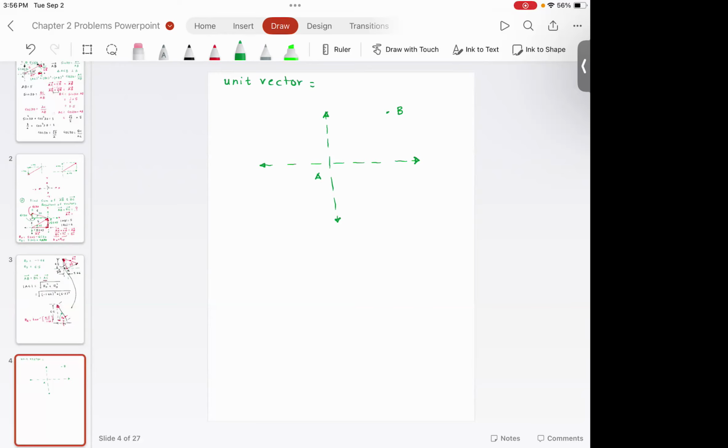So what is a unit vector? Unit vector only represents direction. The magnitude of a unit vector is 1. Now, what do I mean by unit vector representing direction?